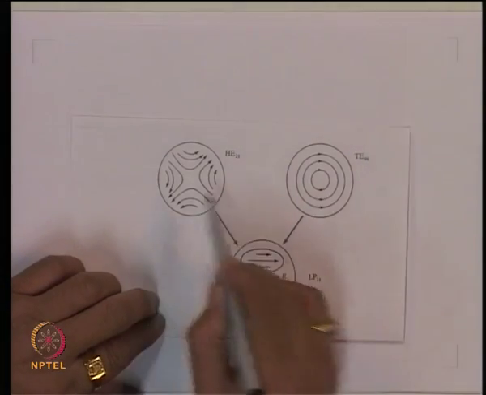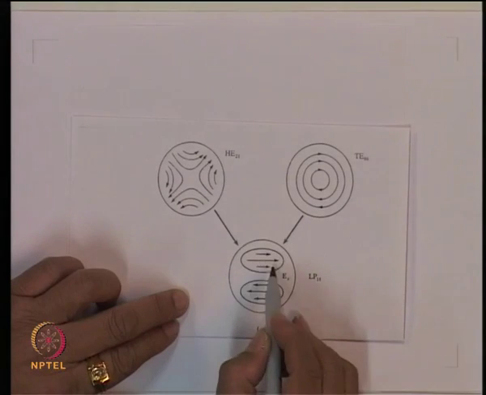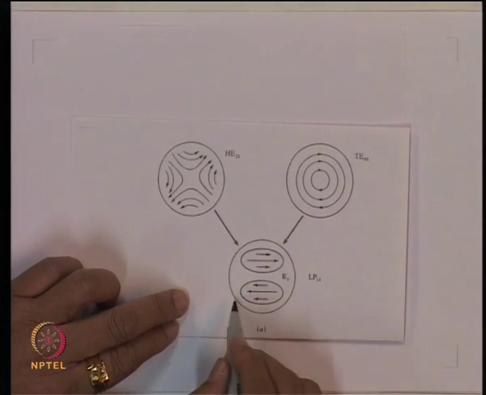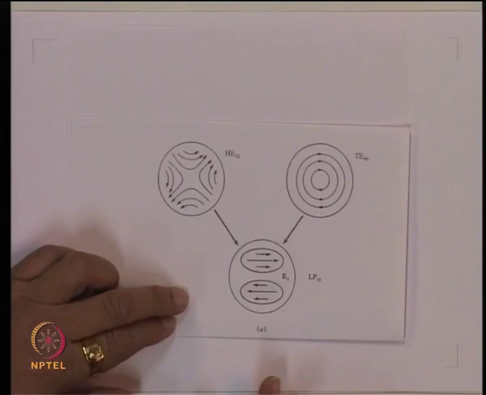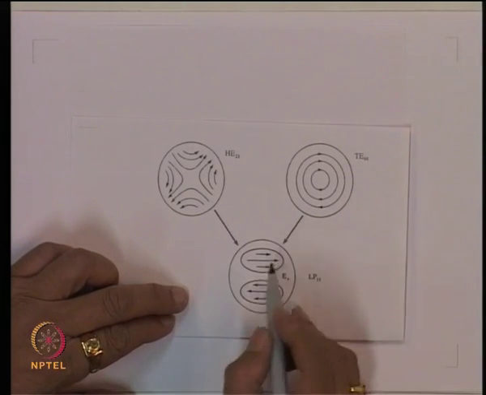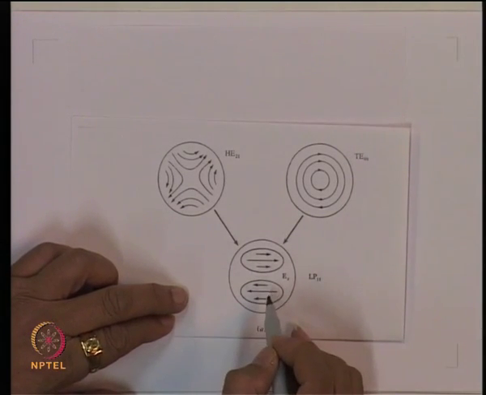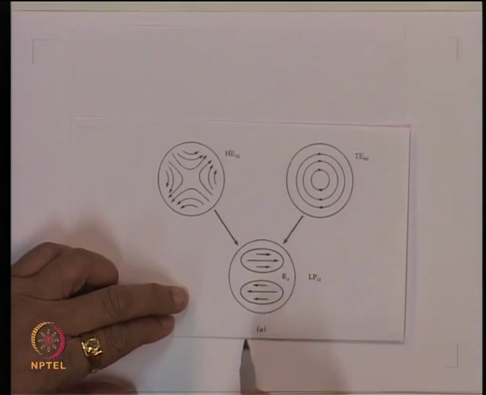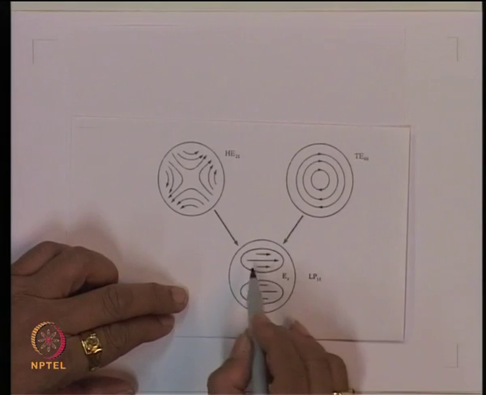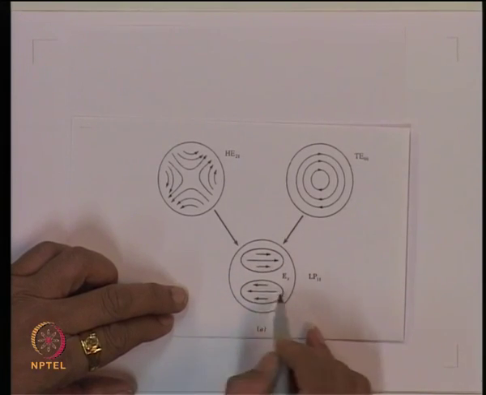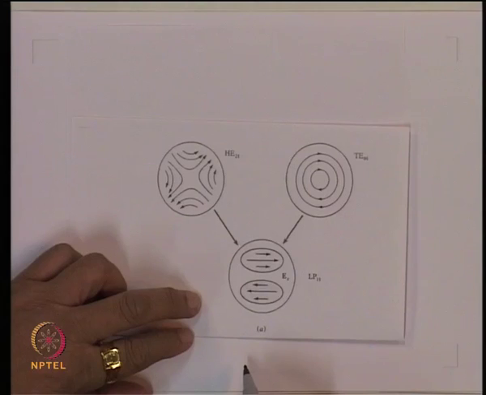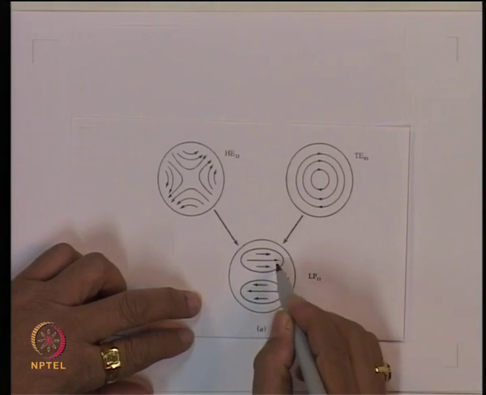So, the combination of these two fields essentially would generate a net electric field which is horizontal everywhere, but the intensity variation will follow a one cycle variation. So, this is the LP mode because the field is linearly polarized everywhere, and in this case it is horizontal, and it has one cycle variation in the azimuth.